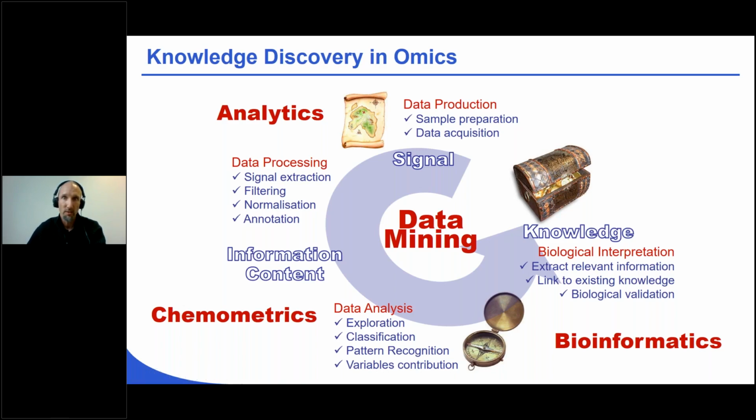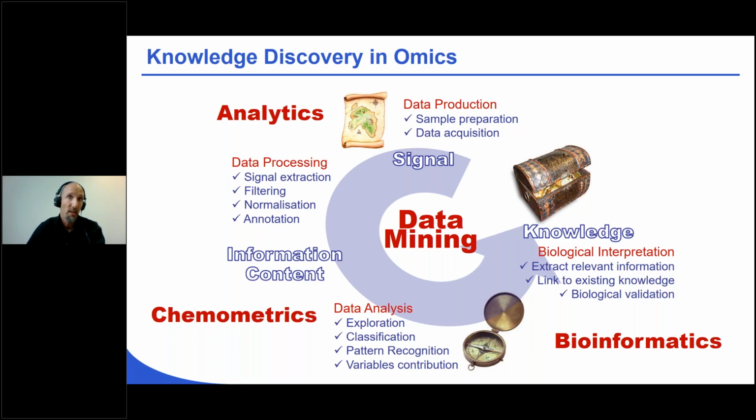Then you need to process the data with specific strategies that depend on your analytical device and the nature of the signals you are measuring. And very often this step is important because it helps to further improve the quality of the data that will be analyzed in the next step.